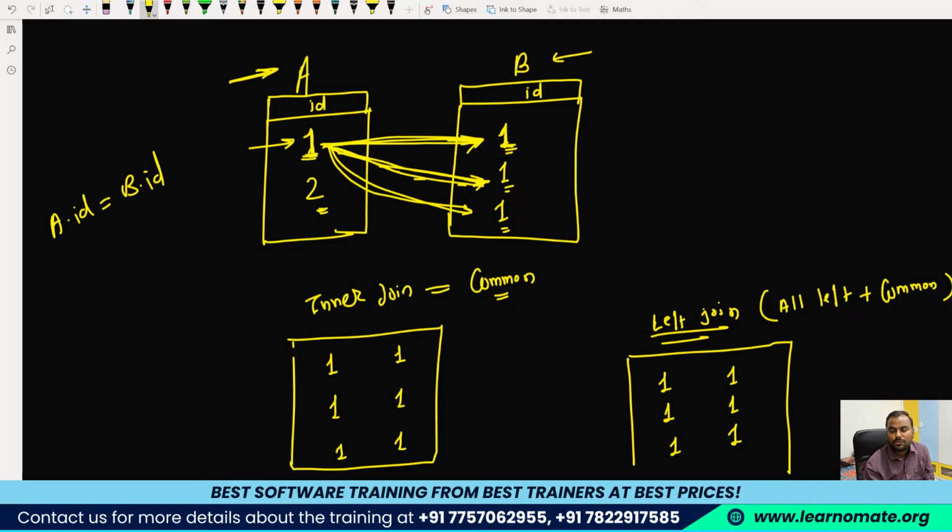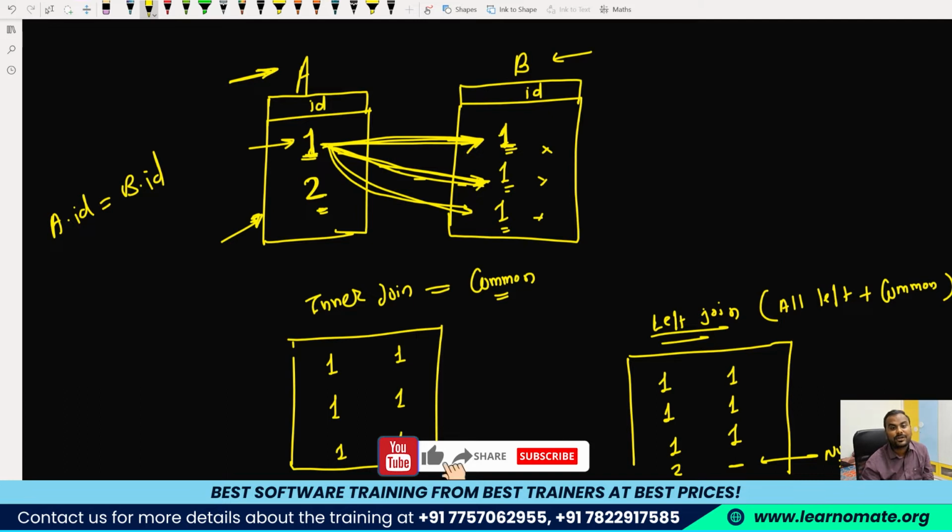Then what about the 2? All the records from your left hand side will come in the left join. So 2 will come, but on the right hand side nothing is there, so it will be null. There is no matching for the 2 on the right hand side. No 2 is available here, correct? So this right side will be null.